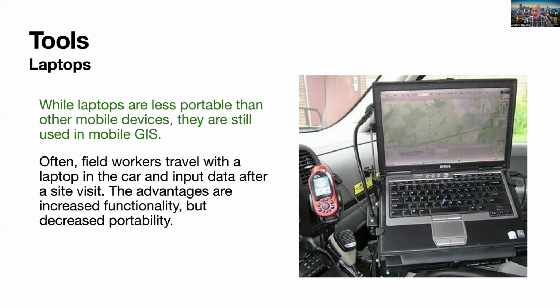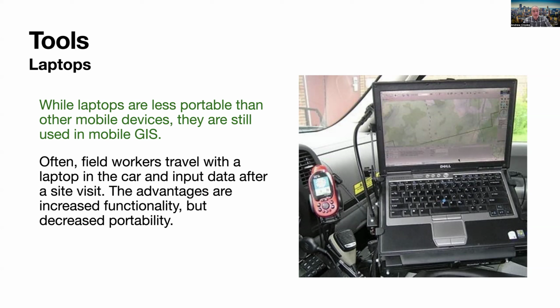For example, police cars or ambulances can have a laptop inside them, so they can work out where all the police officers are, or easily type in the ticket for you if you've been pulled over. Often field workers travel with a laptop in the car and input the data after a site visit, like building surveyors or people checking that the building work is being done correctly.